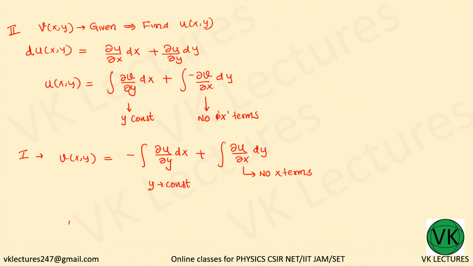Similarly, u of x comma y is equal to integral dou v by dou y into dx minus integral dou v by dou x into dy, and here also there should be no x terms.